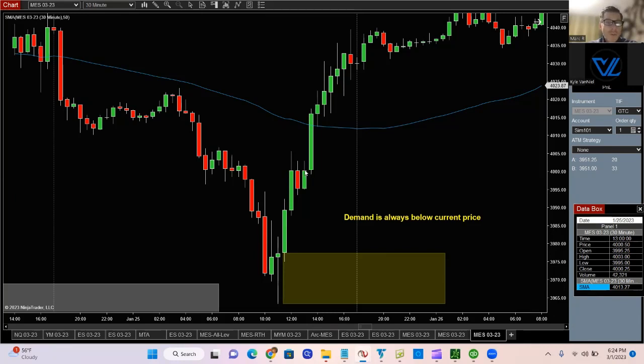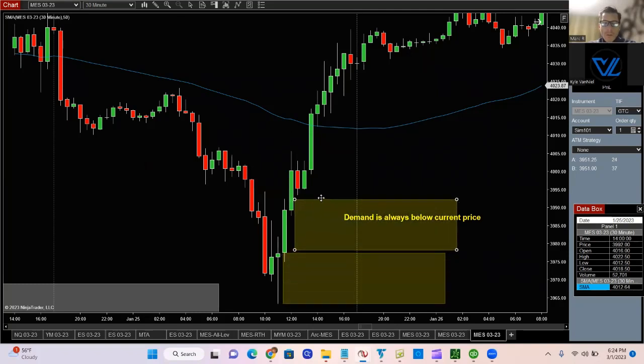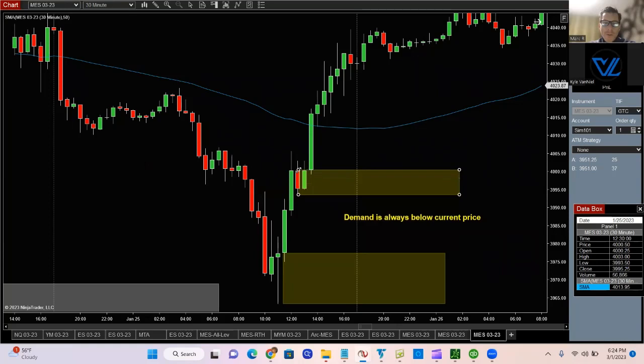That might be more than 50%, but seeing as it's followed by this one, we'll say basing candle, leg out. It's very subtle, but this one is more than 50%, the green one.